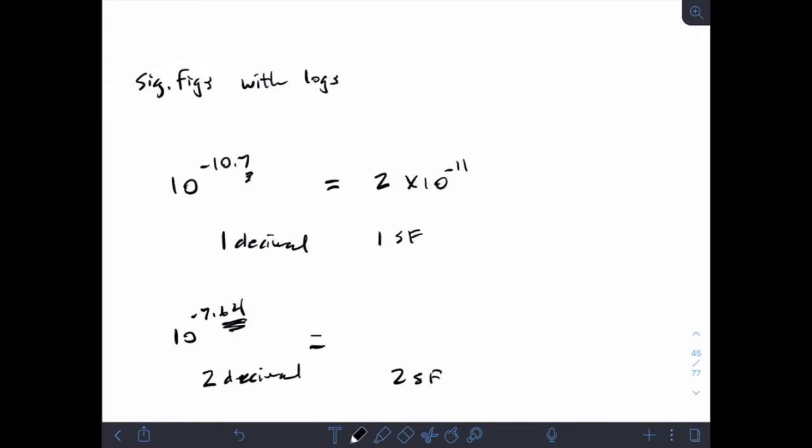And that one turns out to be 2.3 times 10 to the minus 8. Okay, 2 sig figs. So they are tricky, no doubt. But like I said, if you are sure that you're correct in how you've worked a problem and it's still telling you you're wrong, this is probably why.